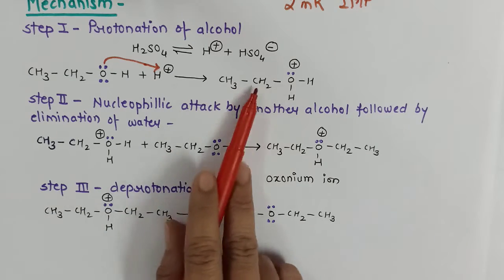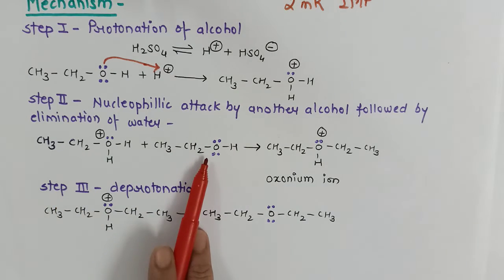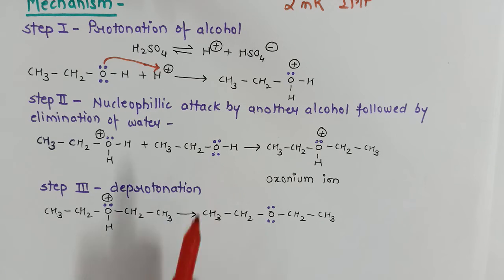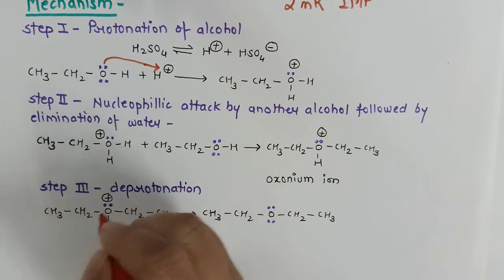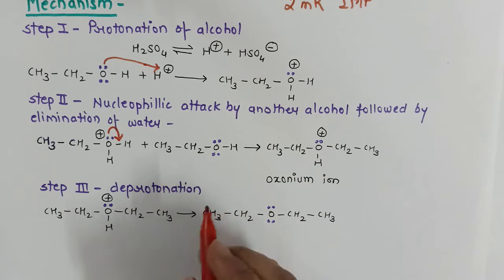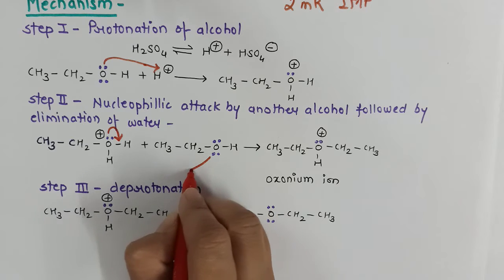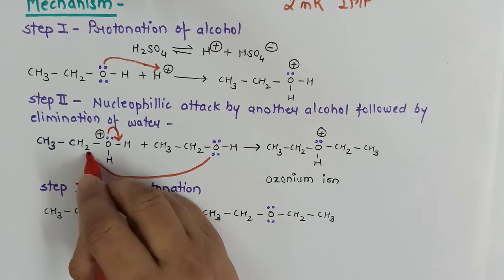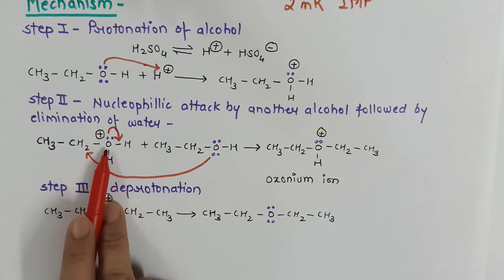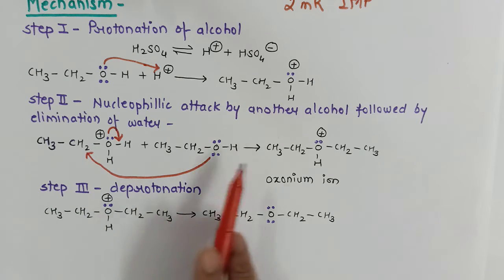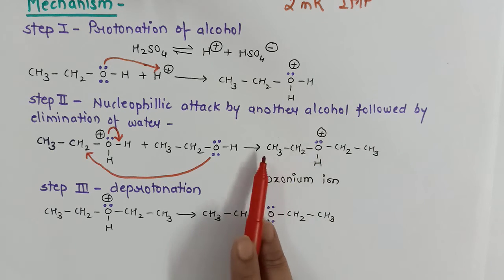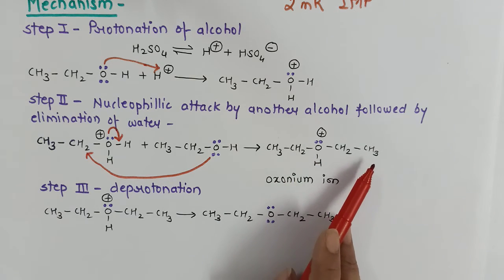This protonated alcohol is treated with one more molecule of alcohol. Now the movement is like this, and the attack will be from this side. So this will become ethereal oxygen, and this water molecule will be removed. Now we get an oxonium ion, where the ethereal oxygen is attached to 2 alkyl groups.